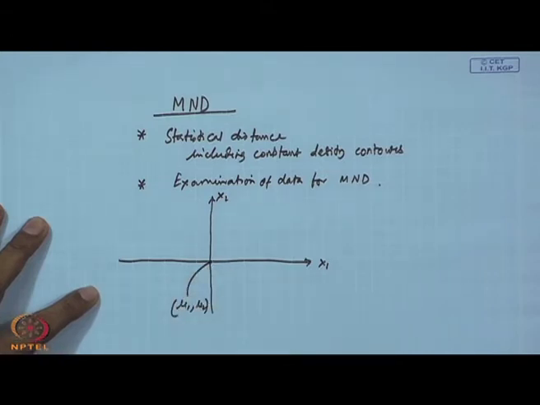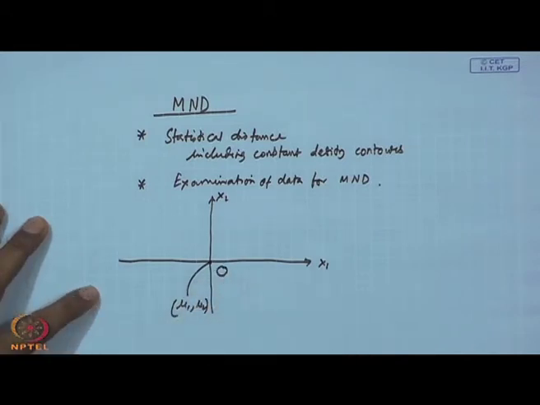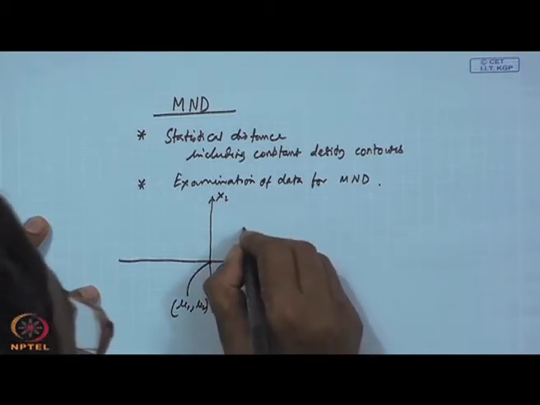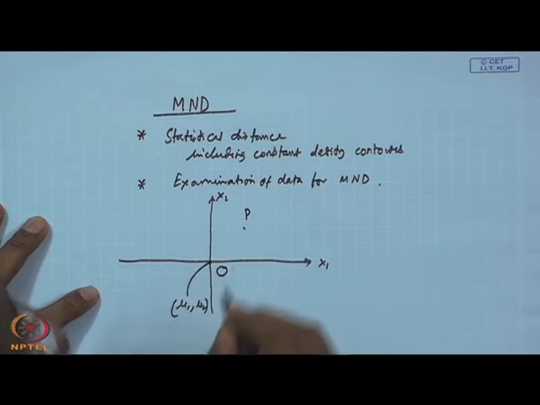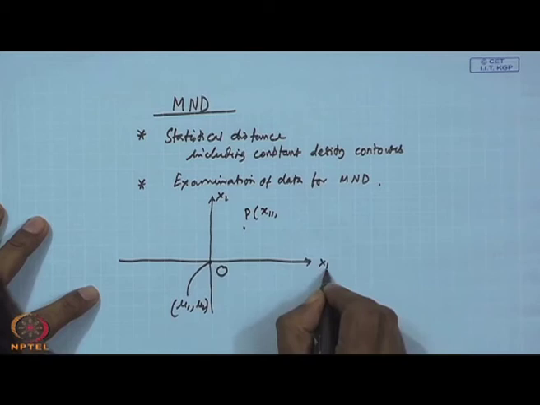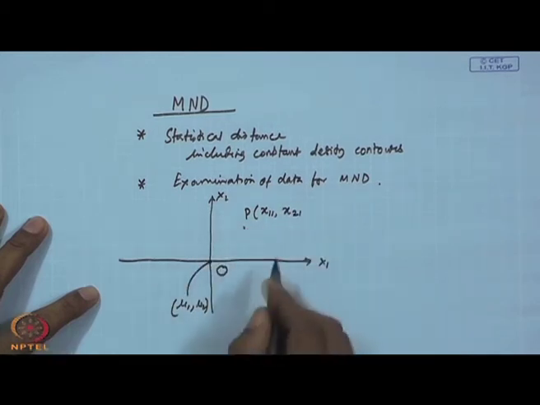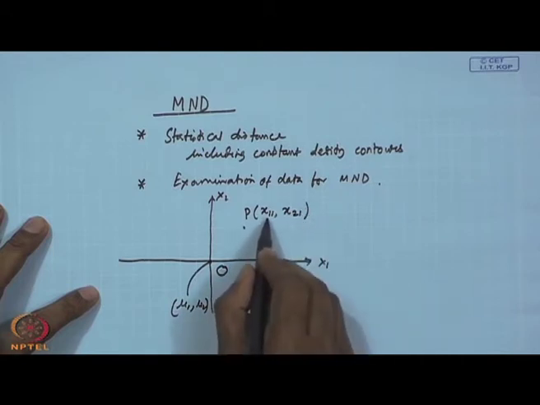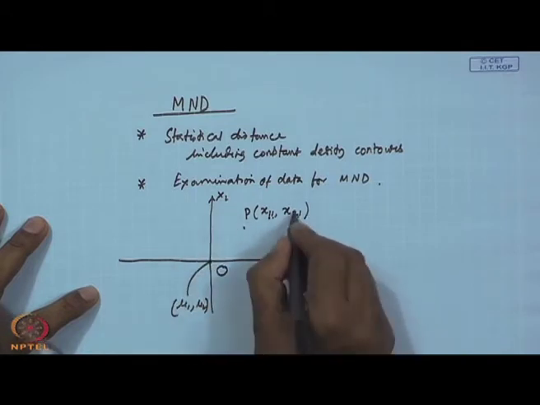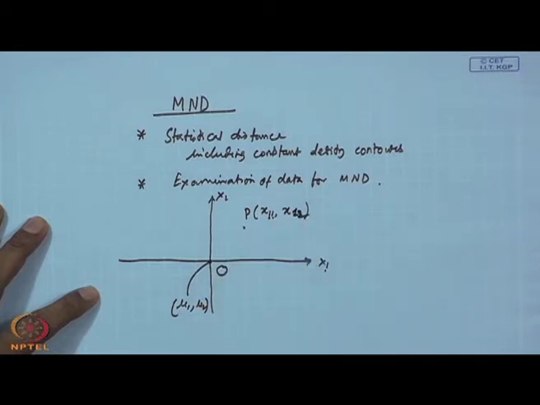Let us give this point the name O, and you want to know the distance from O to P. P is another point, with coordinates x11 and x12.